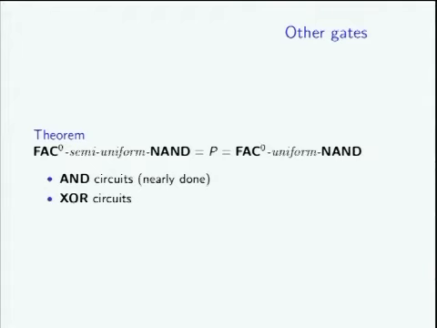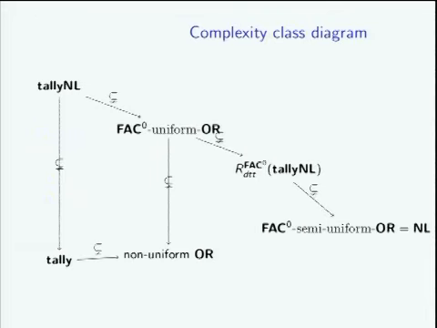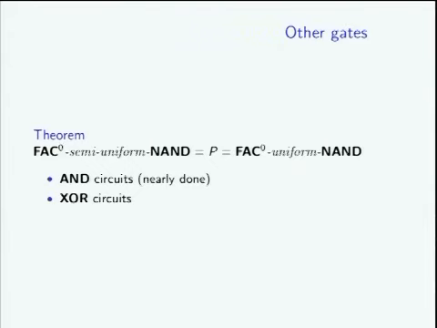We've nearly completed the same graph for AND circuits and figured out the relationships between them. For NAND gates, it's simple that it's equal to P. And so we thought, was this something to do with monotone gates? The next step will be to see what happens when we use XOR gates.